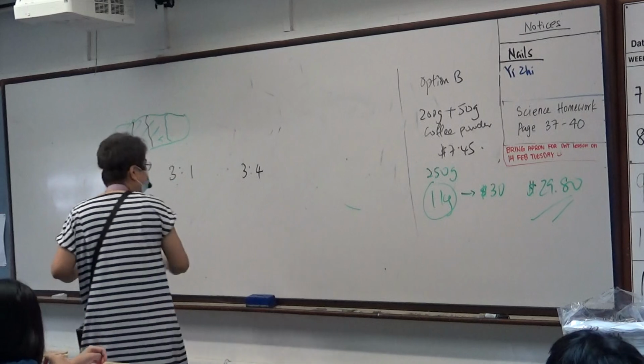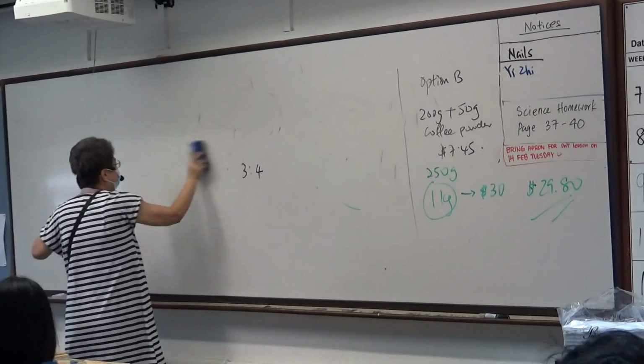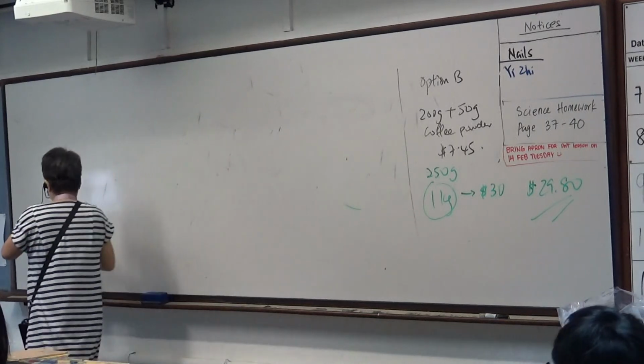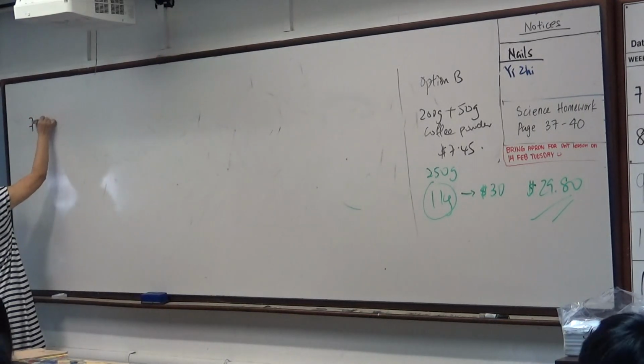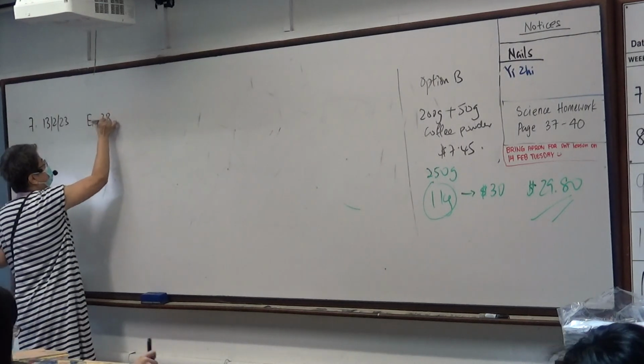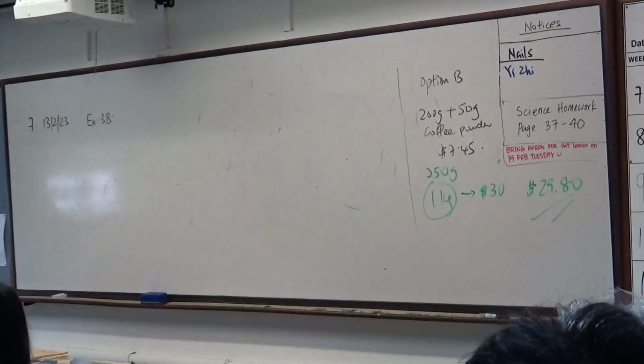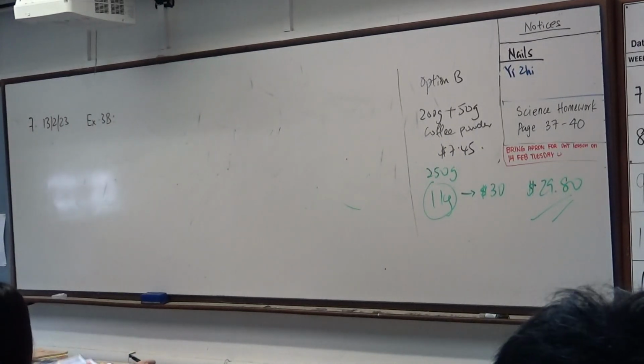Okay. What number is it on the content page now? Now I write what? 7. Okay, very good. Can you write down 7? Today, exercise 3B.